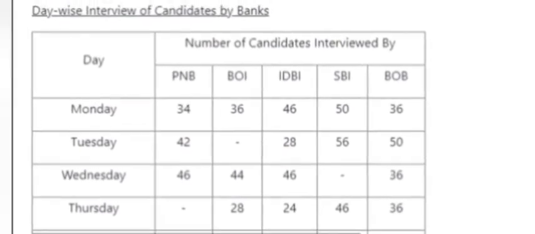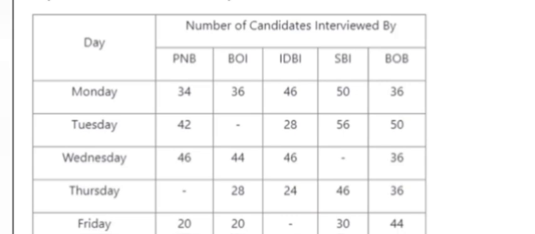Day-wise interview of candidates by banks. In the first box we have got day, and then the number of candidates interviewed by PNB, BOI, IDBI, SBI, BOB. I will not read one by one, so it will be just random. So please try to focus.